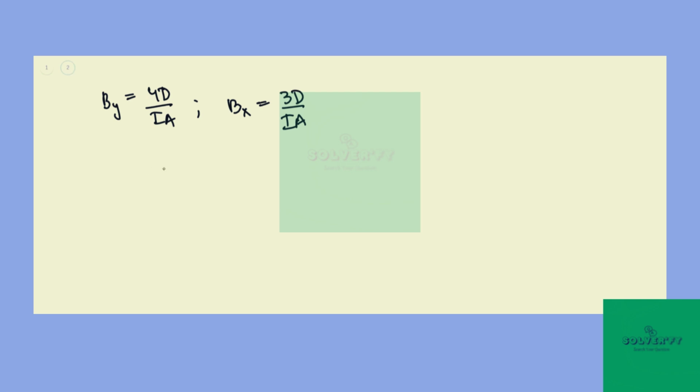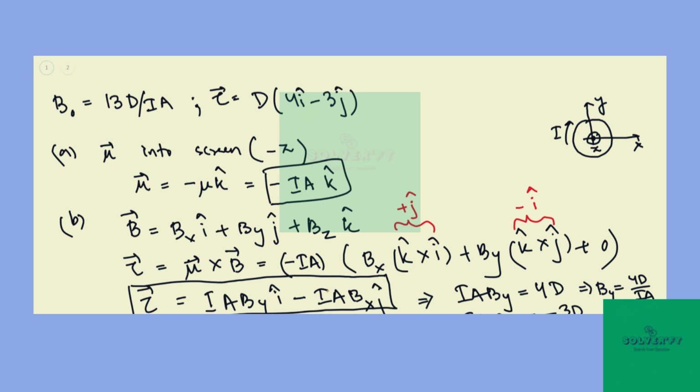Now we see that Bz doesn't contribute to the torque. And this is because mu is along the z direction. And since torque should be perpendicular to mu because of the cross product, there should be no component of torque along the z direction.